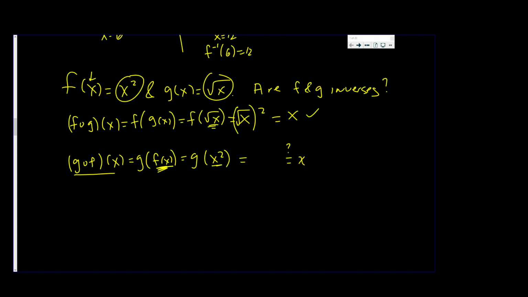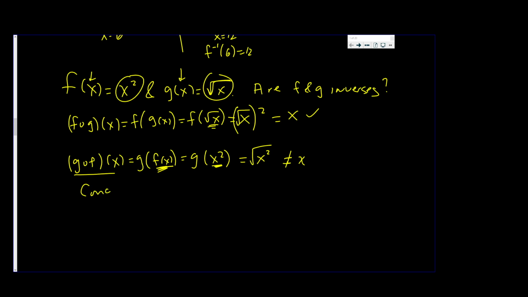And whatever this is, what does g do to what's in the brackets? It takes the square root of it. Okay, well, this is in the brackets, and I take the square root of it. And you know what? I don't get back x. I do not get back x.